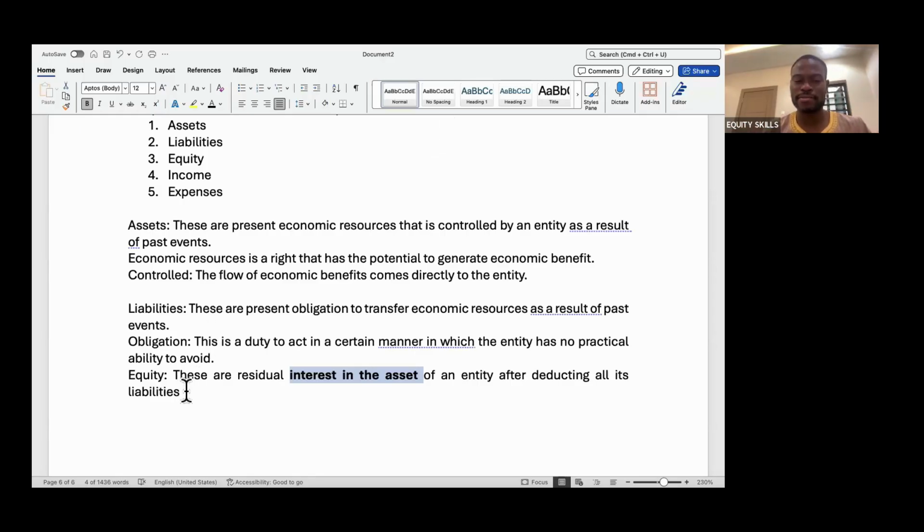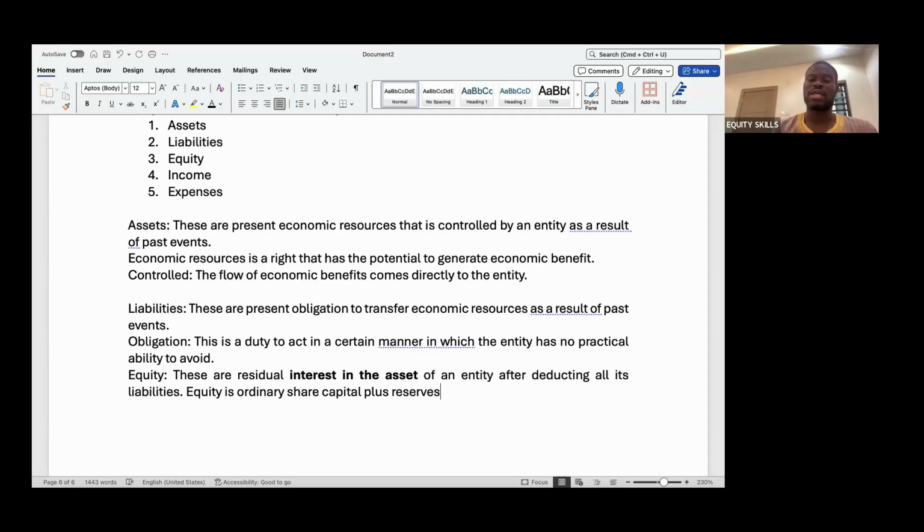And that is why when we say equity in reporting, equity is usually ordinary share capital, which is the person, right? Ordinary share capital plus reserves, like retained earnings. After we have paid everybody, we pay ordinary share capital last.